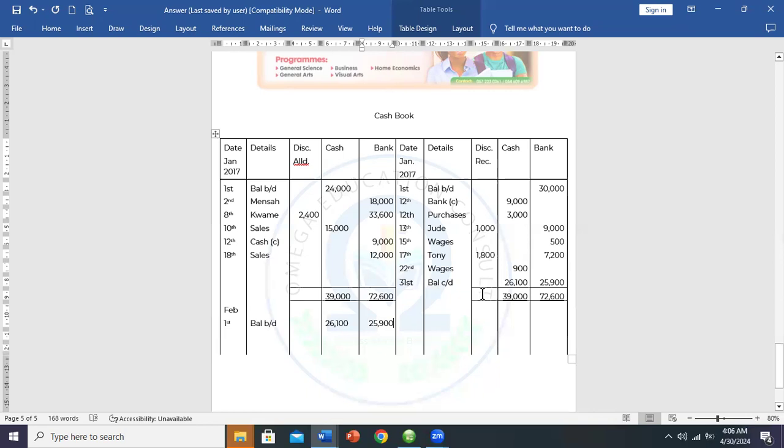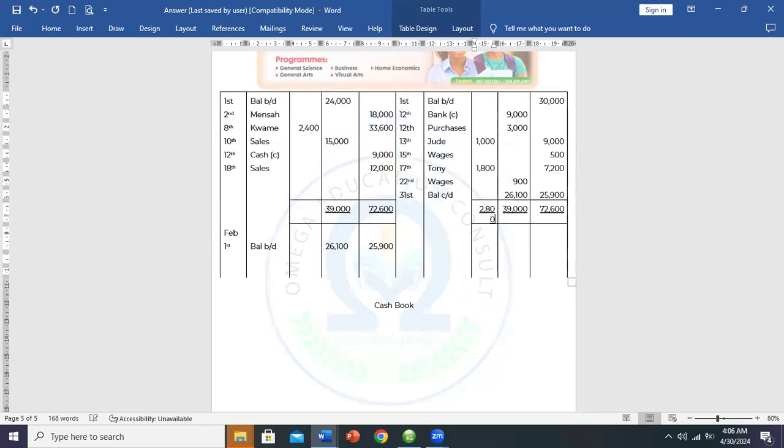Under discount received, you put the total. So 1,000 plus 1,800, 2,800, and that is all. Please don't balance it with anything. Just put the totals there like that.